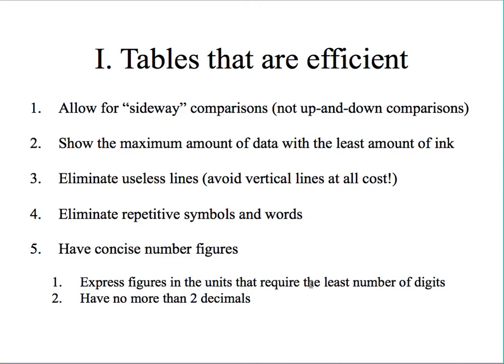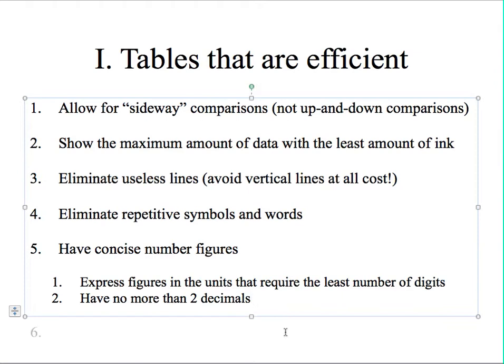That would avoid a lot of zeros or a lot of numbers. That would simplify the table a lot. If you have decimals, you should not have more than 2 decimals. And if you have percentages with decimals, you should not have more than 1 decimal.